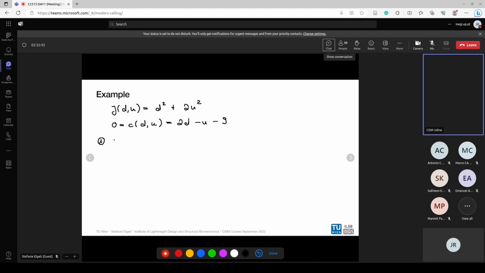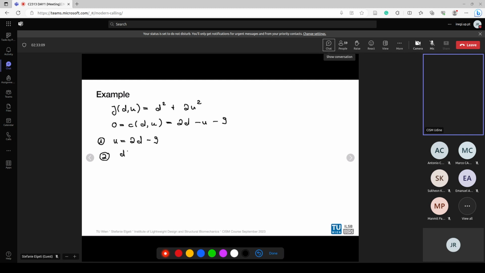So we could say that u is equal to 2d minus 9. So later, this will mean that we're solving a partial differential equation. This is in our picture with the forward simulation. We put in a certain geometrical configuration, so certain d, and we obtain the displacement field, for example. This is exactly the same procedure.